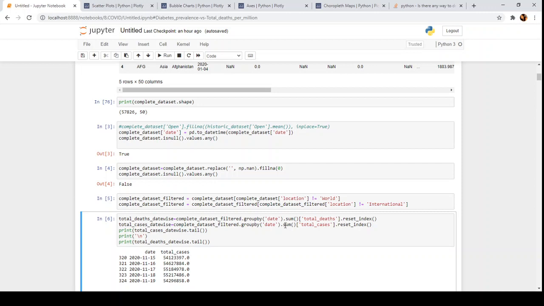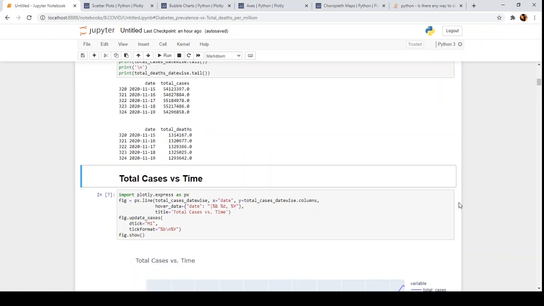Now I have grouped the data by date, and you can see the total cases and total deaths in respect of their dates.